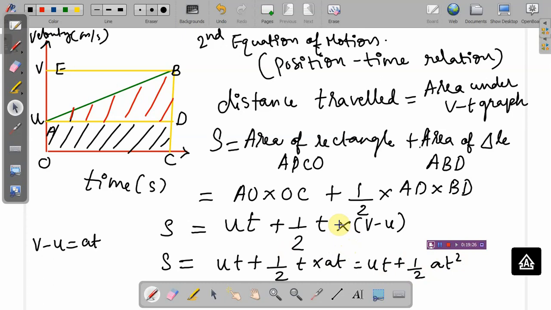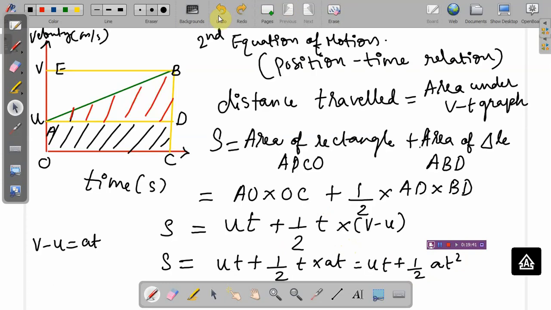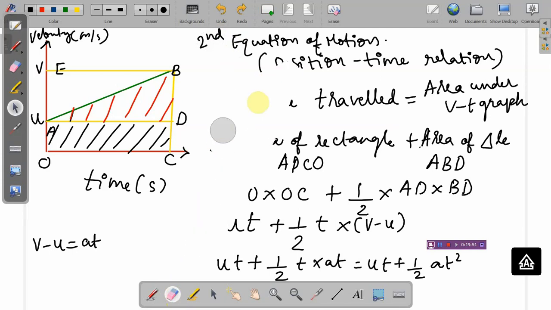Understood? Now let's go to the third equation of motion. Here also I am using the same velocity time graph. Now we have to derive the third equation of motion, which is the position velocity relationship.